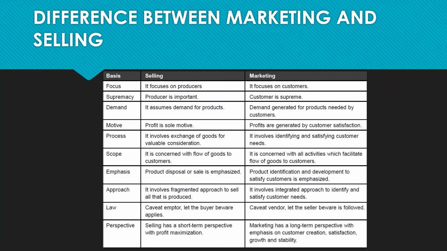Here the main focus is on the seller, who will somehow convince the buyer. Perspective: selling has a short-term perspective with profit maximization, because the main motive is to sell all the product that has been produced. Marketing is a long-term perspective with customer creation. They maintain a good relation with the customer: satisfaction, demand, growth, stability, everything. It is a long run.